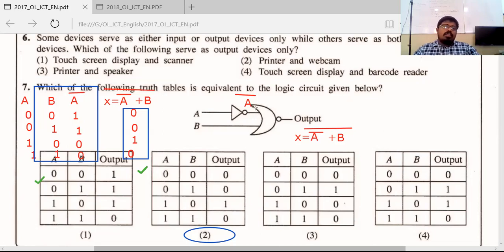Right. So that's the end of 2017 paper, question number 7.